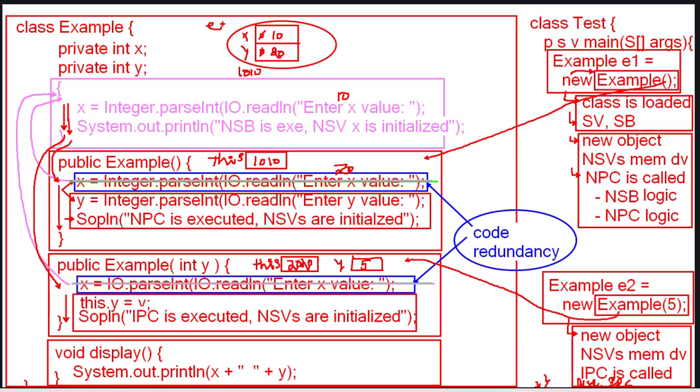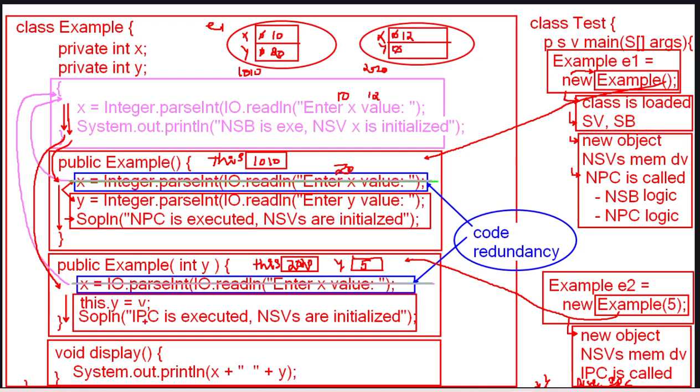This is E1. Now E2, another new object is created with reference 2020. X variable, Y variable memory created again with 0, 0. Now control comes to the non-static block. Inside the non-static block, you are asked to enter the X value. X value you are entering 12.